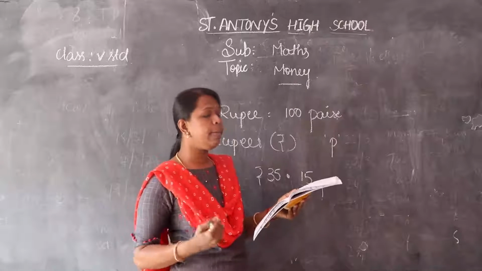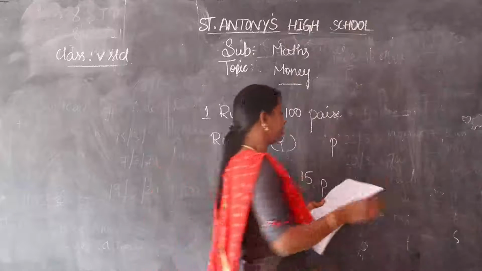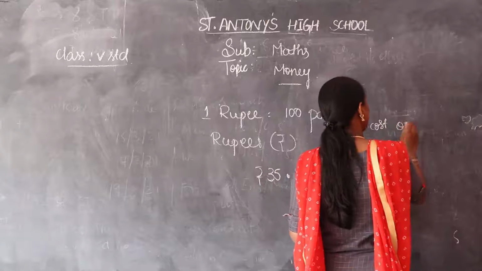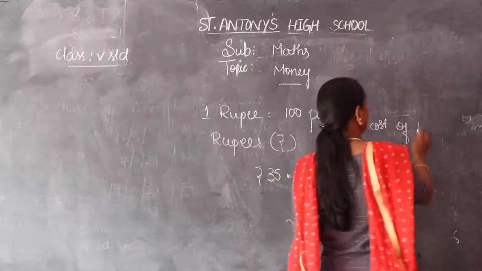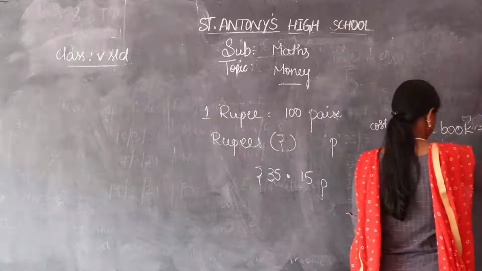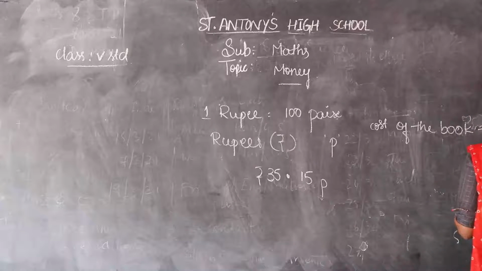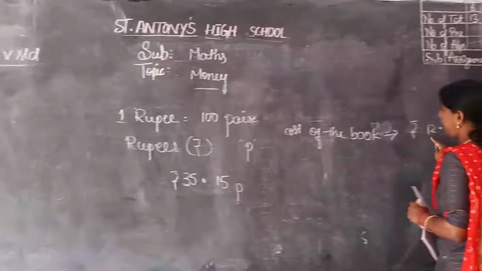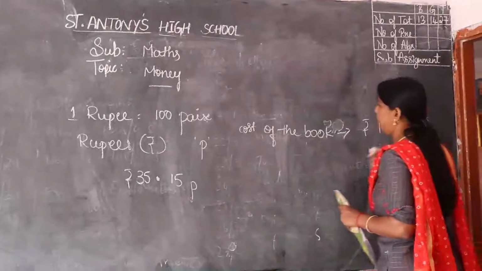Which are the articles here? Book, pen, and pencil. This is a statement problem. We have to write like this. The cost of the book is how much, children? Write down rupees 12.50 paisa.